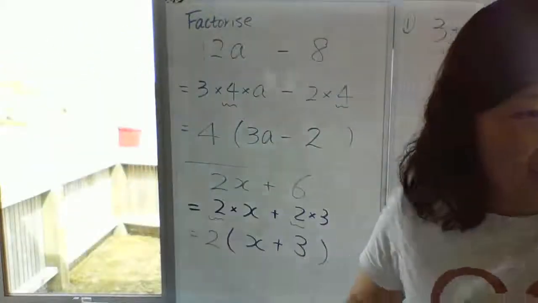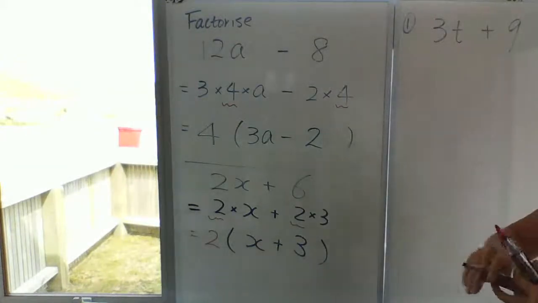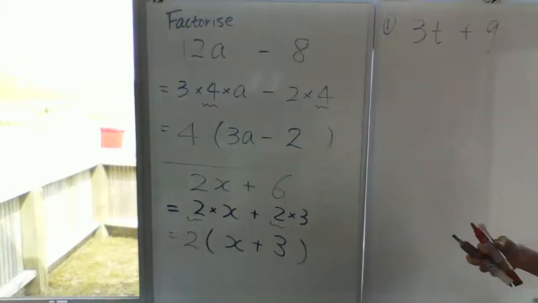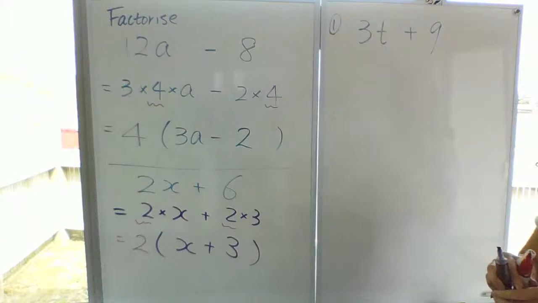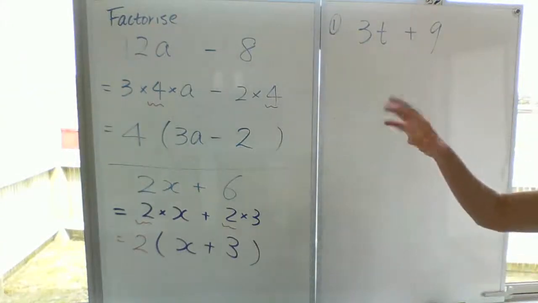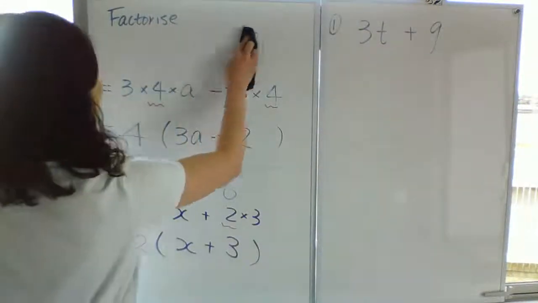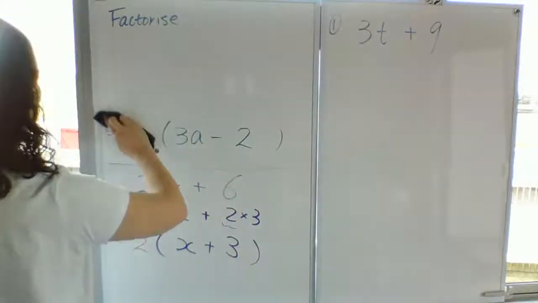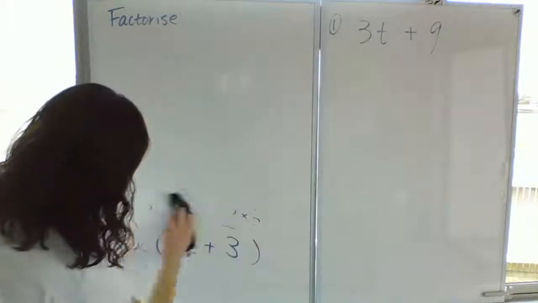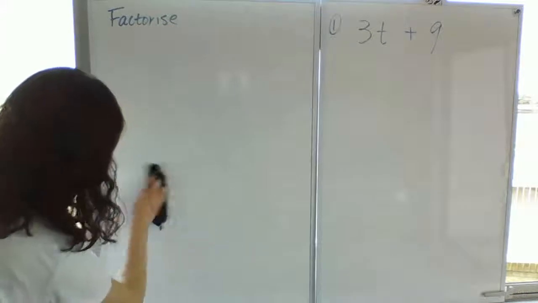Sorry, it looks like my kids are getting crazy now. Now, simply try to do this question here, which is 3t plus 9. While you do that, I'm going to erase the left-hand side and write some more questions there.